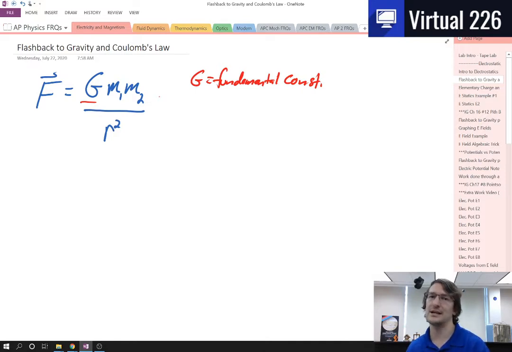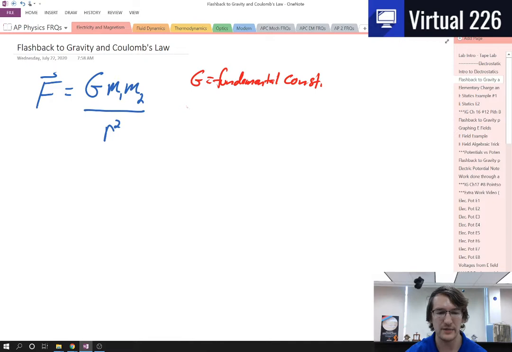If we were on a different planet, a different world, or a different species that evolved, and we chose different units of measurement, that G would have a different value simply because our units changed and it needed to exist in order to fit the graph. Okay, so it's just a constant, but it's a fundamental constant of nature.